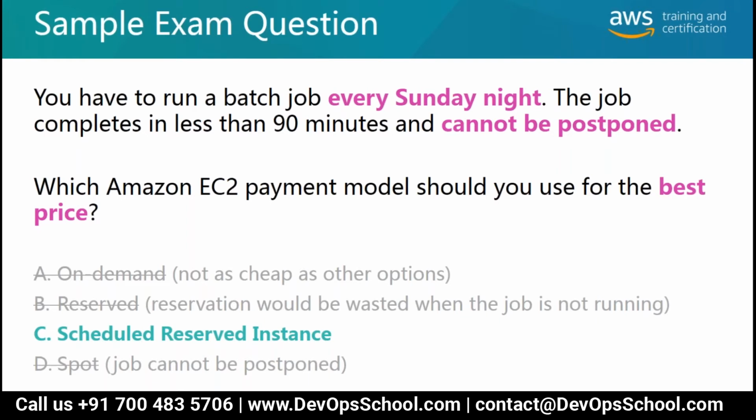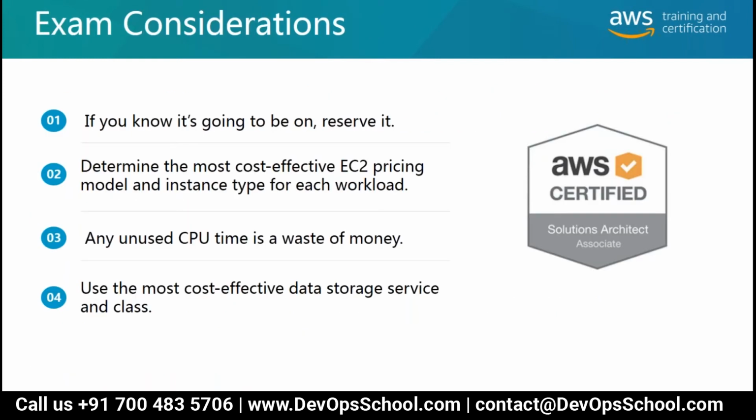All right. And then lastly, some design and exam considerations. If you know it's going to be on at any given point in time, you reserve it. That's what we did. There were some questions earlier we answered. At noon time, you will get a peak, so what do you do? You schedule that with ELB. So you go for a schedule-based approach.